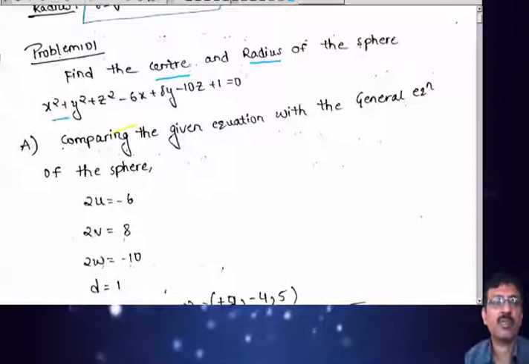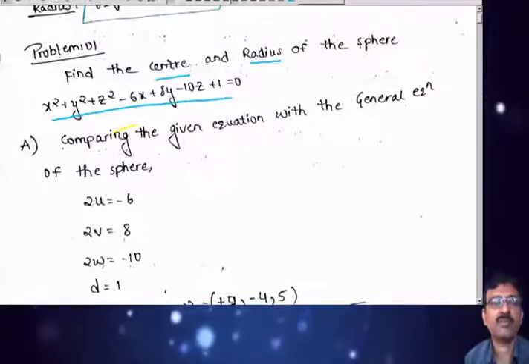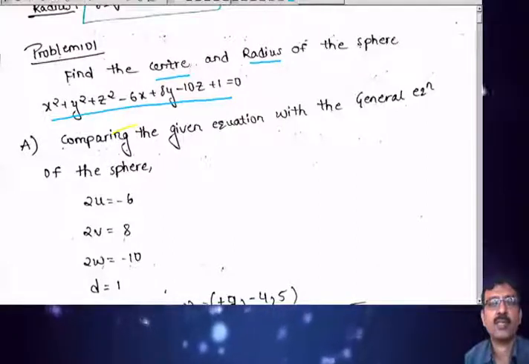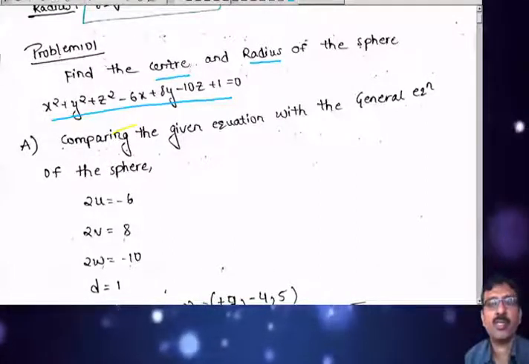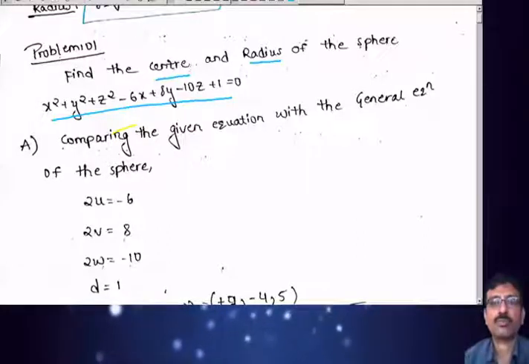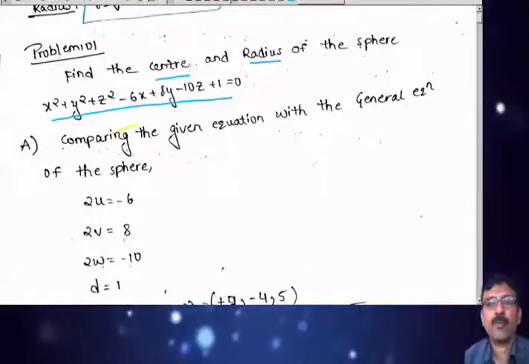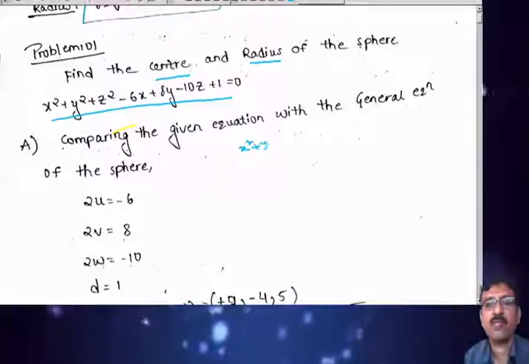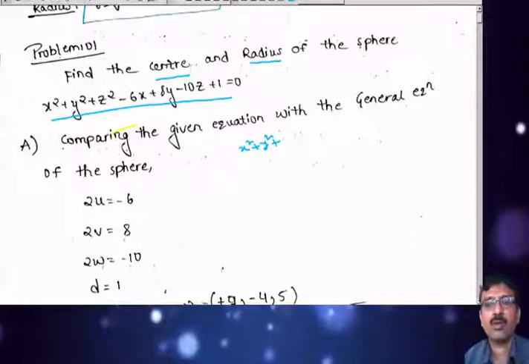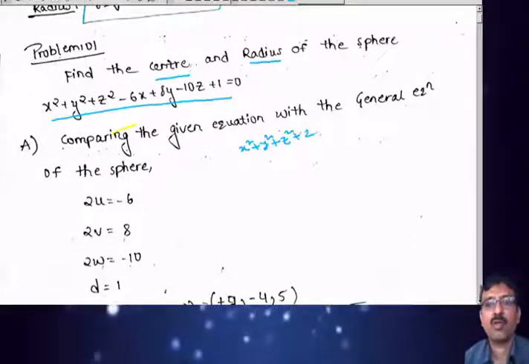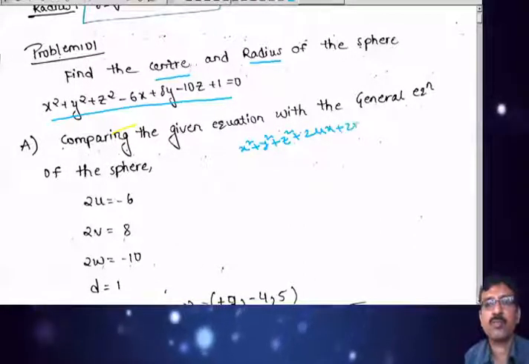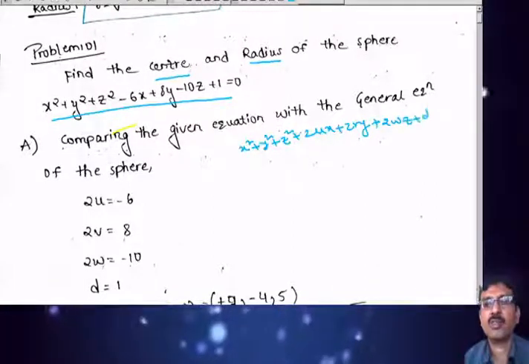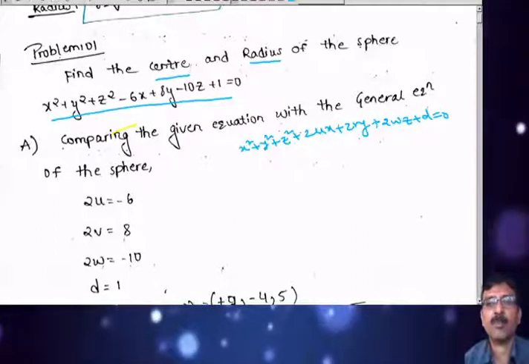Here the sphere equation is given in general form: x square plus y square plus z square minus 6x plus 8y minus 10z plus 1 equal to 0. If we compare this equation to the general form, that is x square plus y square plus z square plus 2ux plus 2vy plus 2wz plus d equal to 0. This is the general form.